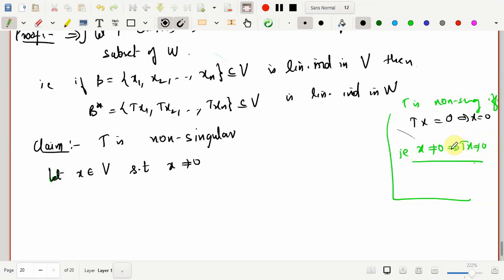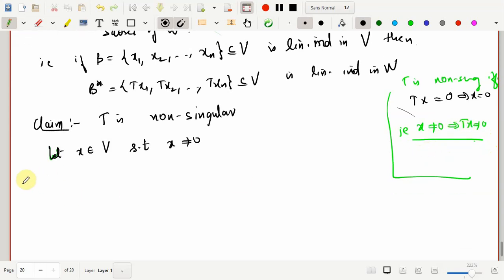Consider the singleton set {x}. Being a non-zero vector in a singleton set, it is definitely linearly independent, because alpha x = 0 if and only if alpha is 0, since x is non-zero.